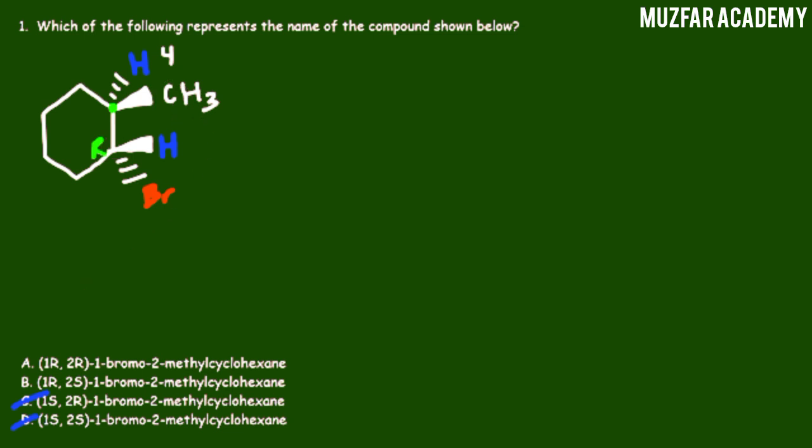So this carbon atom, let's put it in a different color. This is a primary carbon. This carbon atom here, that's going to be secondary, and this one is also secondary. But this carbon has the bromine atom, which has a higher atomic number than carbon. So this entire group will be group number 1.